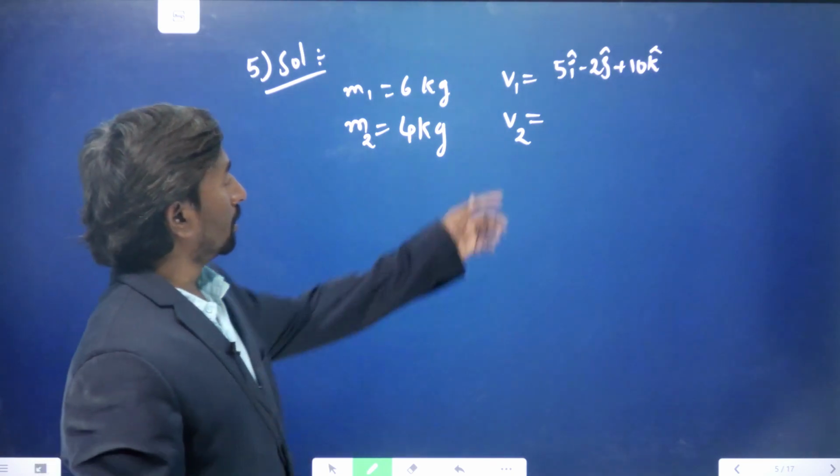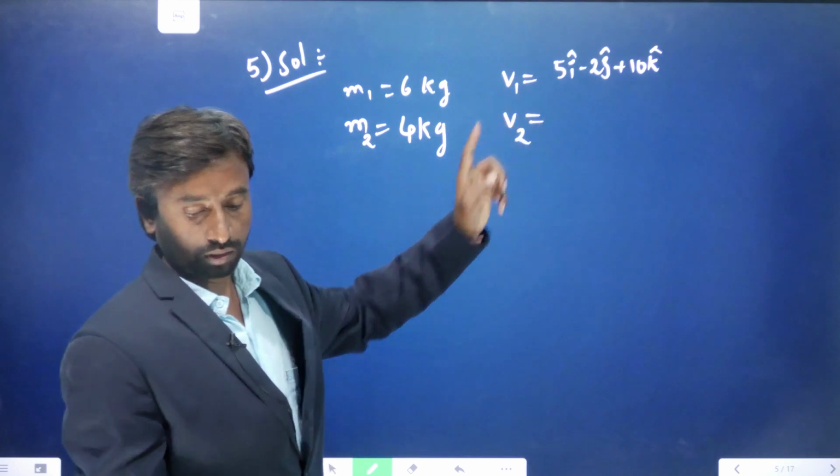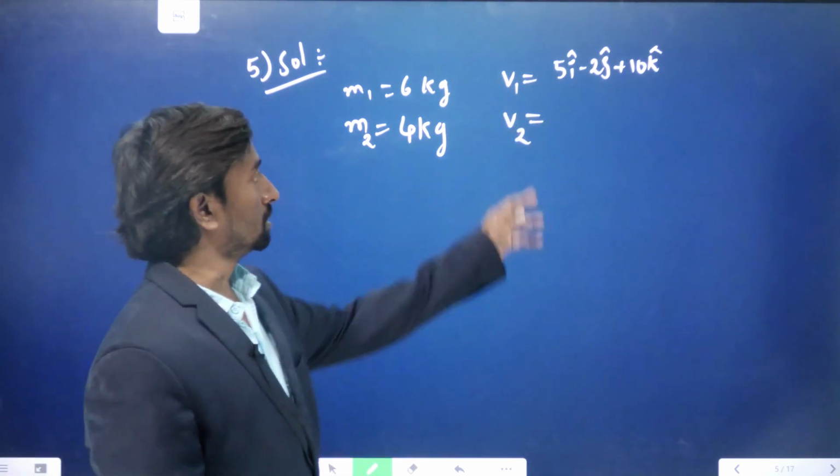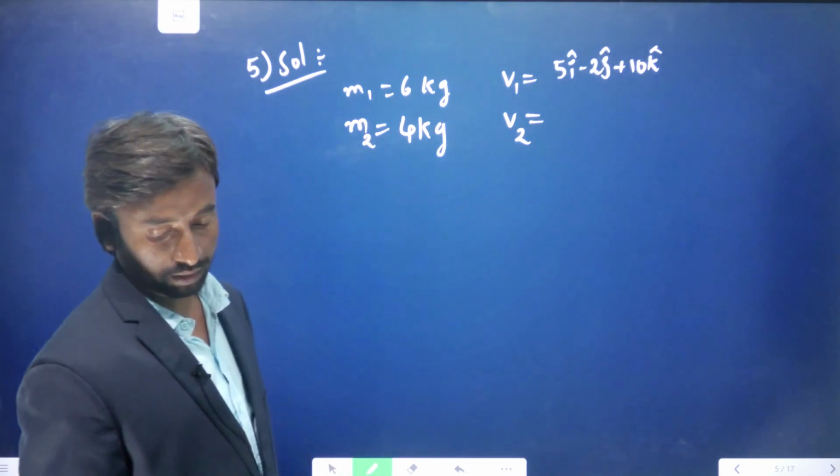These values are not printed in the question in the textbook. You can write these values there. Okay, write the velocity vector there.